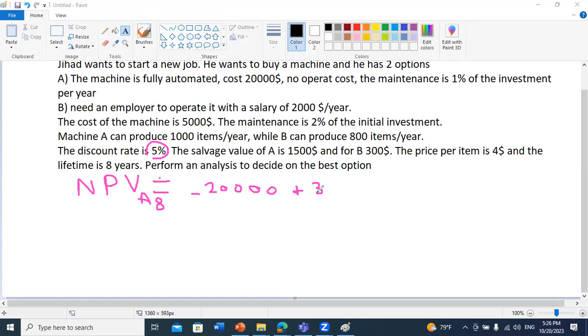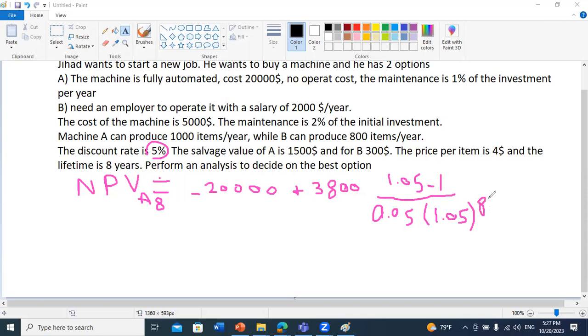It's 3,800 per year, and we multiply by the summation expression, which is 1 plus 5%, so 1.05, to the power 8, minus 1, over 0.05, which is A, times 1.05, which is 1 plus A, to the power n, to the power 8.